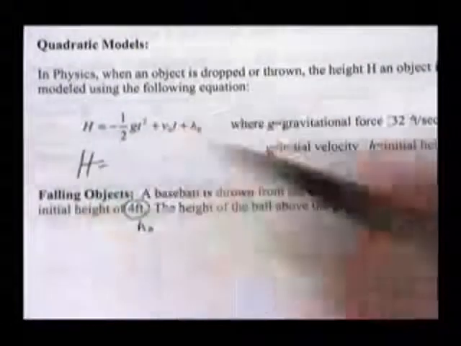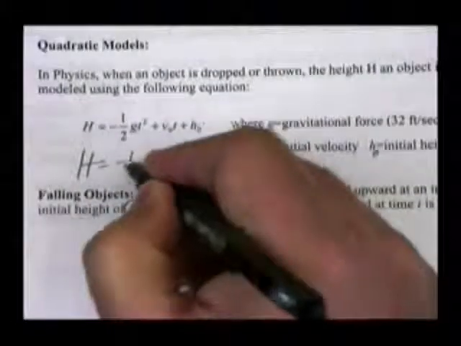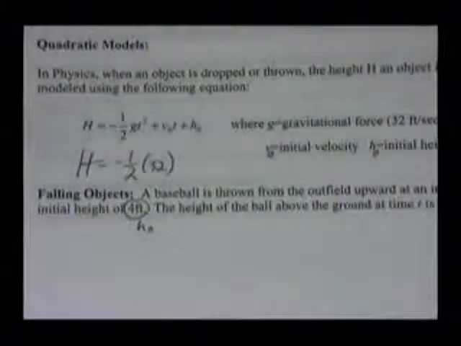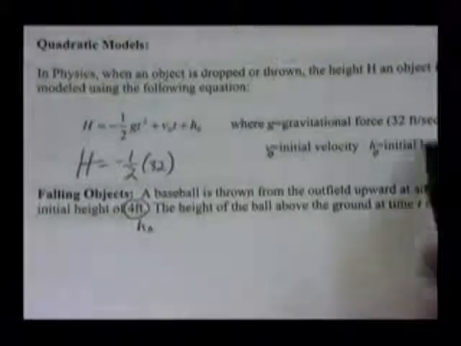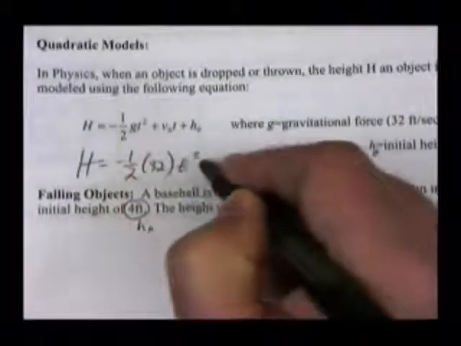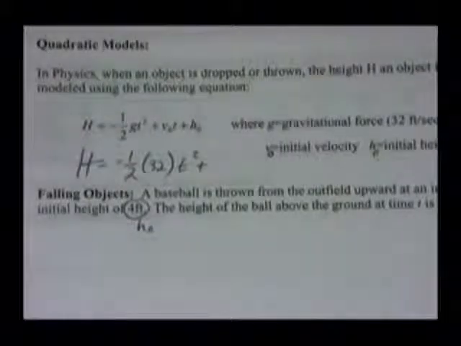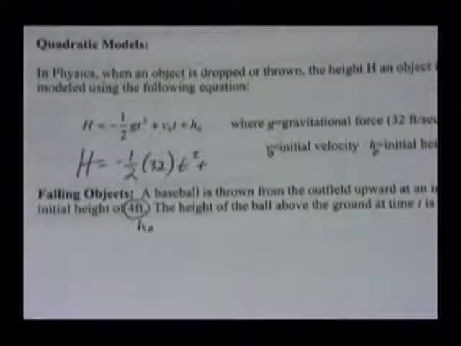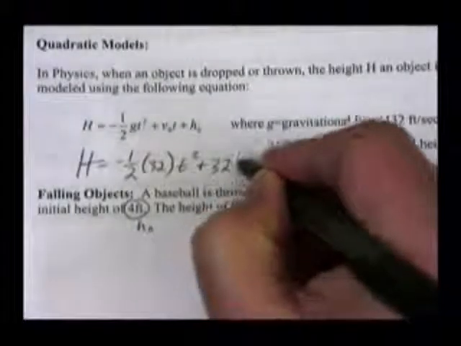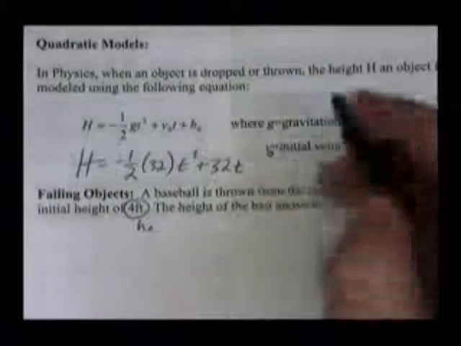Well, h is equal to -1/2 times g. We know g is 32. And I'm not going to put in all of the units here because they'll actually all play out correctly. t squared plus my initial velocity here is 32, and my initial height is 4.